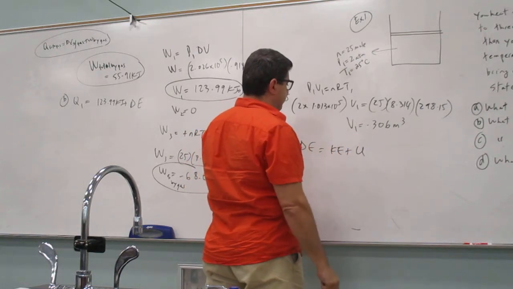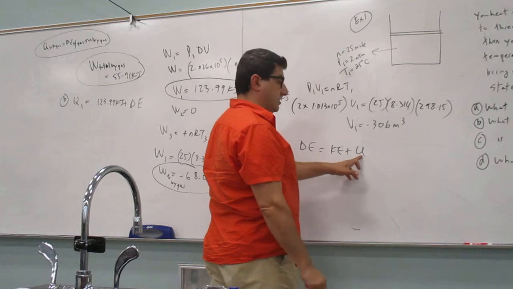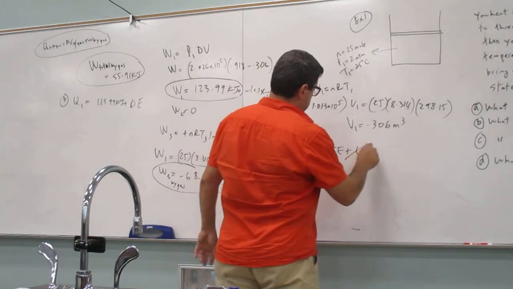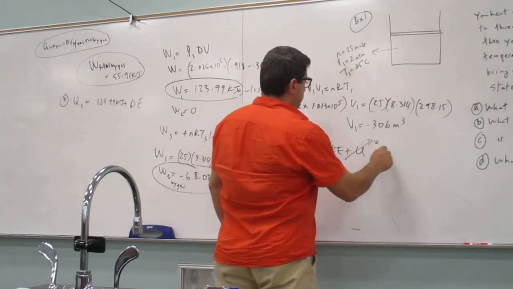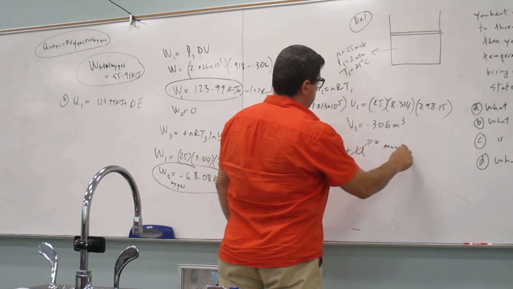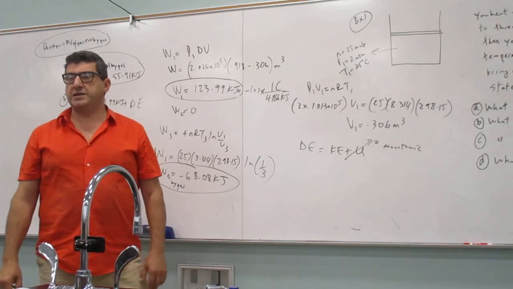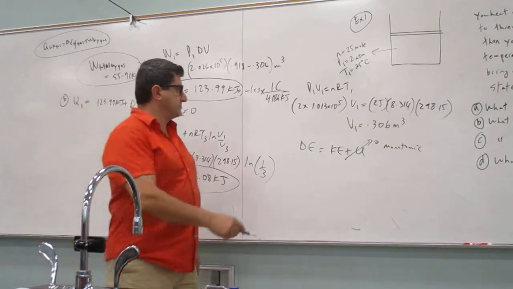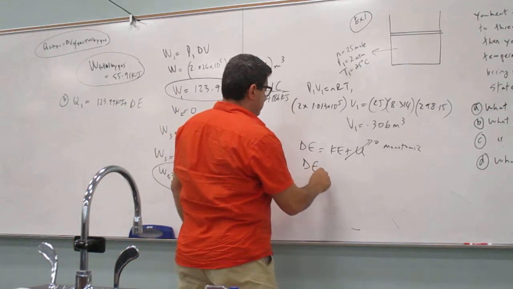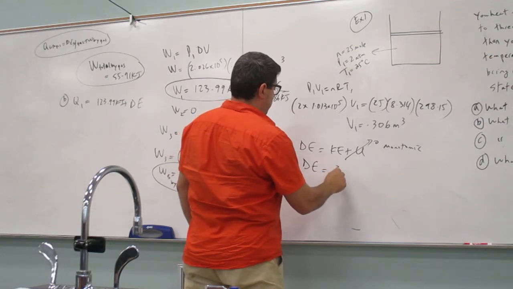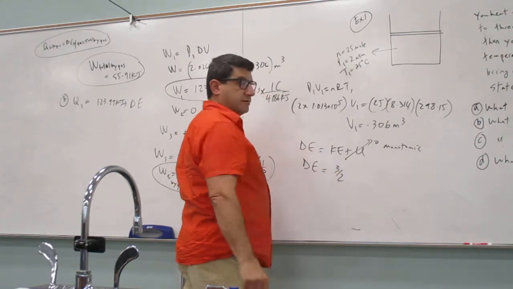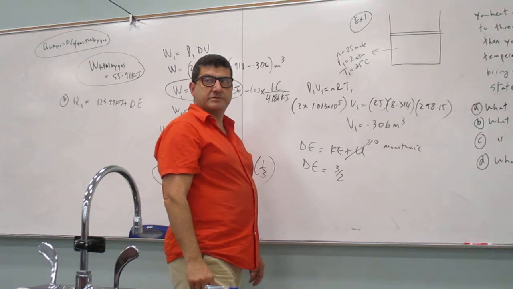So if it's monatomic, it doesn't have potential energy, right? So potential energy is 0 for monatomic. Then the kinetic energy is going to be equal to 3 halves for each degree of freedom, right?